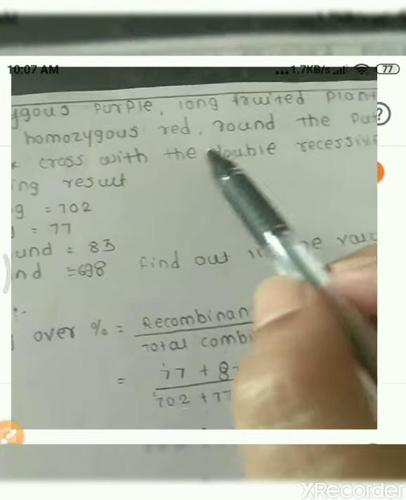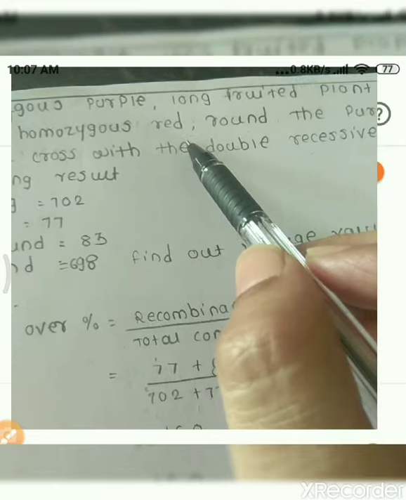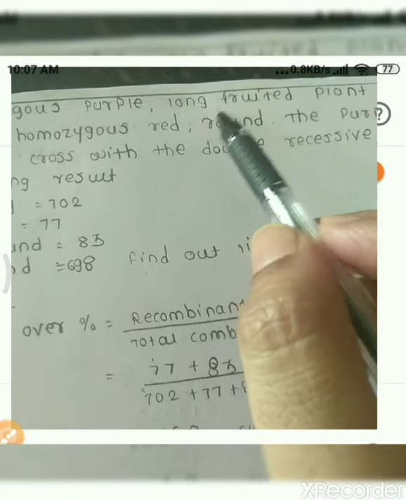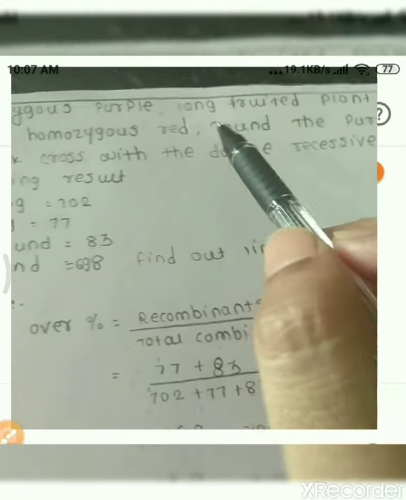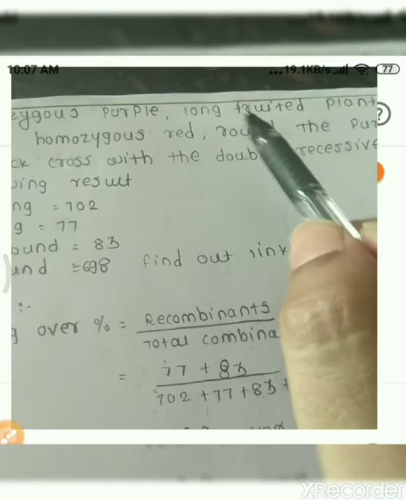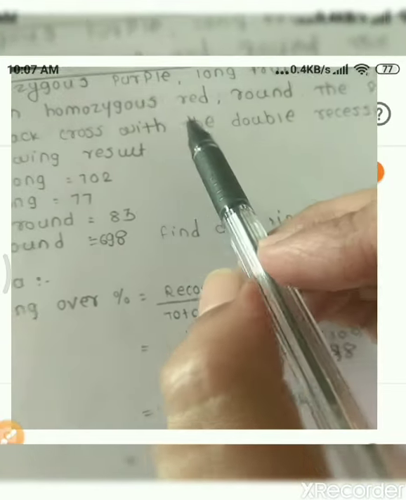Parental characteristics means the ones initially used: the homozygous purple long fruited plant is one parent, and the other parent is red round.